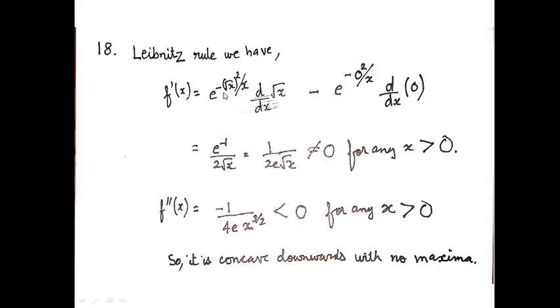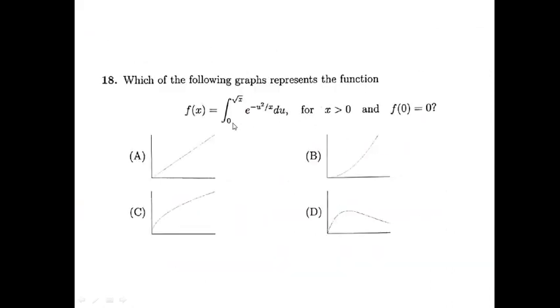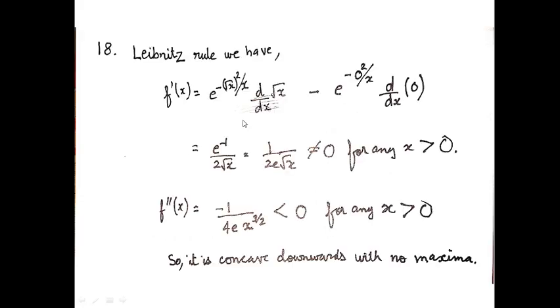Then put 0 in place of u, e power minus 0 square by x, and differentiate 0. So we'll be subtracting these two expressions. Okay, so this will be 0, and the left expression is 1 by 2 root x times e, and for any x greater than 0 this is not 0.